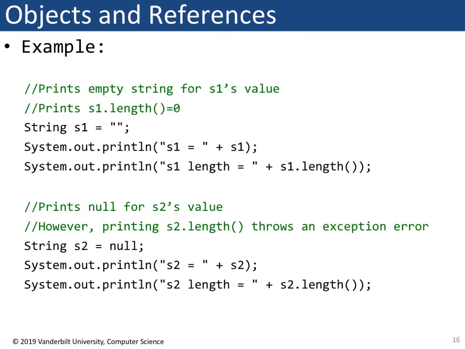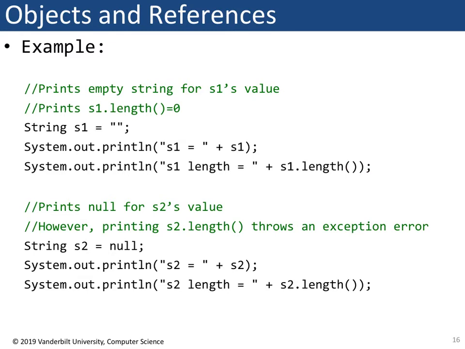To see the difference between an empty string and null, look at this code. We declare a string variable called S1, and we populate it with an empty string. Then we print S1 equals, and then the empty string. It's going to print nothing, right? Then we print S1 length equals, and S1.length.